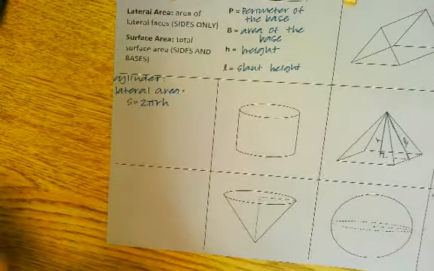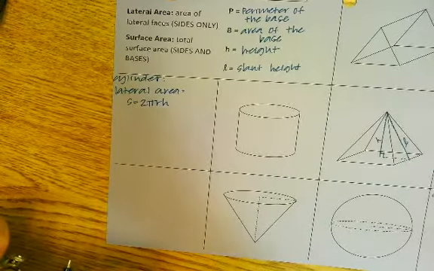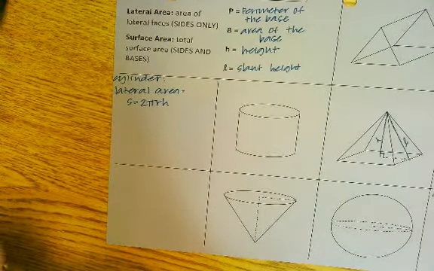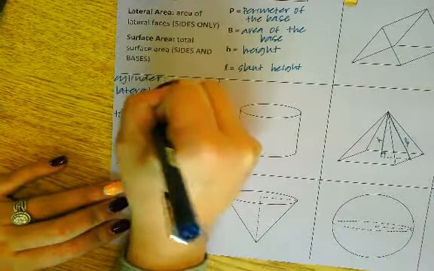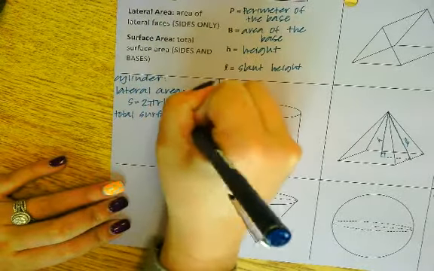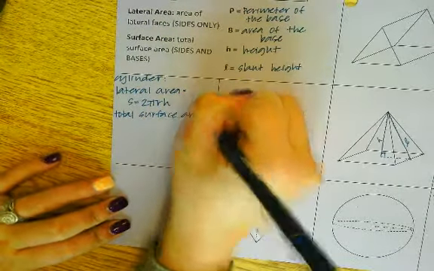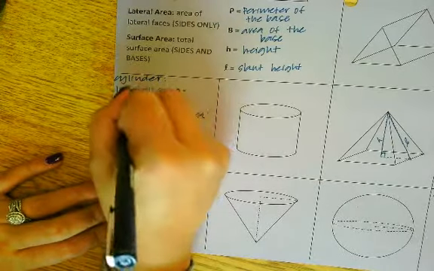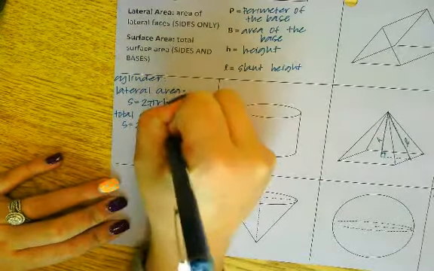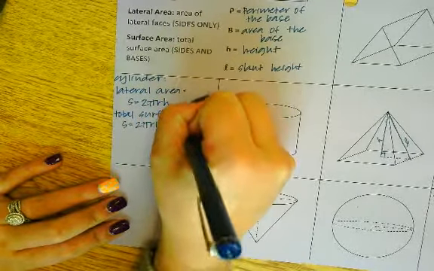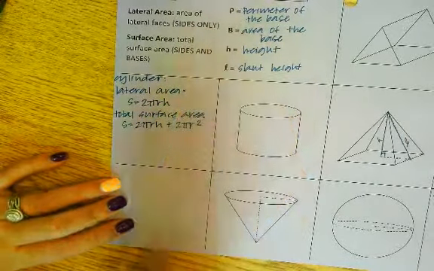So lateral area is S equals 2 pi RH. Total surface area: S equals 2 pi RH plus our bases, which is 2 circles, so 2 pi R squared.